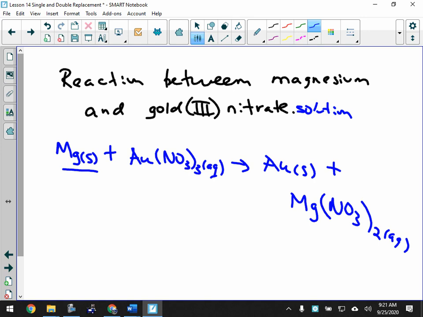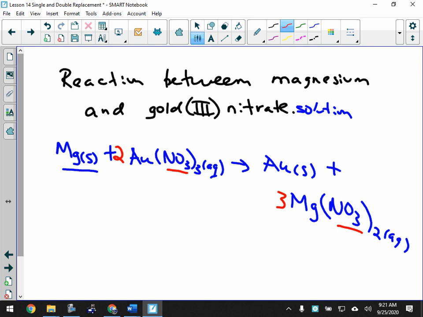Questions, anyone? Oh yeah. Now, magnesium, gold. Nitrate, I got 3 here and I got 2 there, so we're going to have to do that lowest common multiple thing again, right? So I'm going to make 6 nitrates here, 2 times 3, right? 2 and 3, 6 nitrates. 3 times 2 is 6 nitrates.